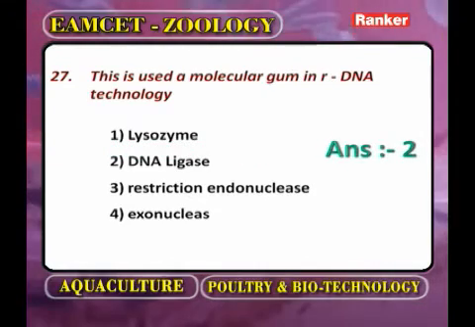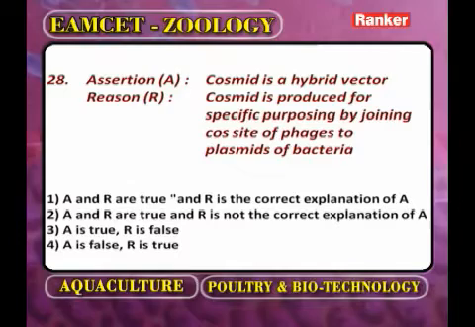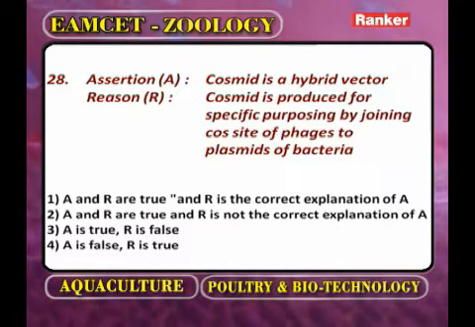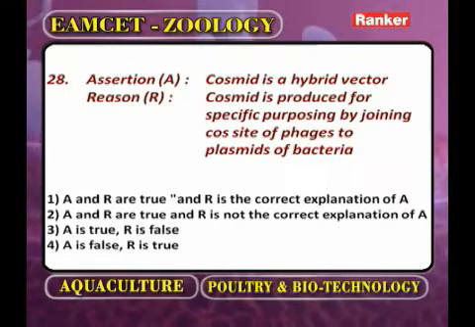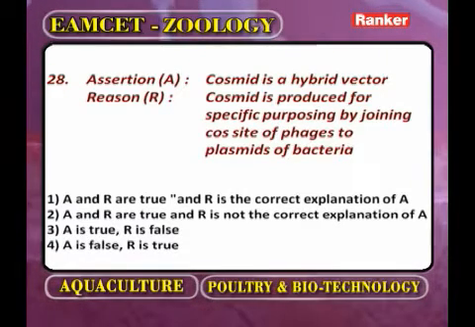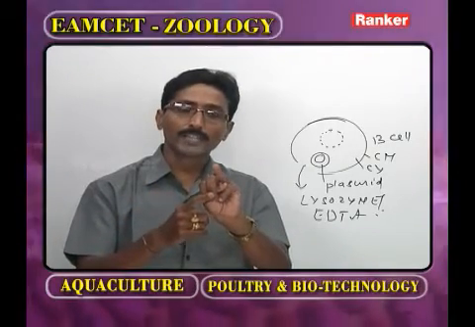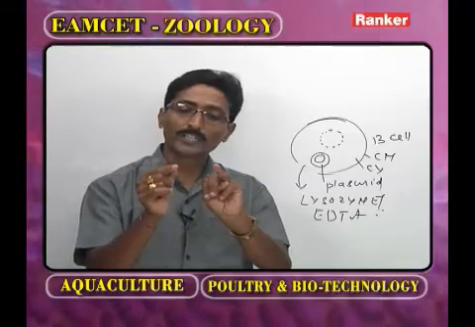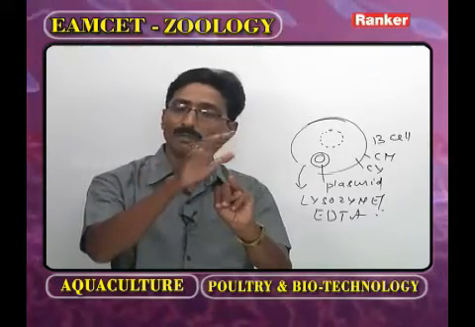The next question. Cosmid is a hybrid. Now we have an idea regarding the vectors. One is plasmid. Along with the plasmid, we can introduce only a small part of DNA but not the entire strand of DNA. Along with the bacteriophage also, we introduce only a small fragment of the DNA but not the entire strand.